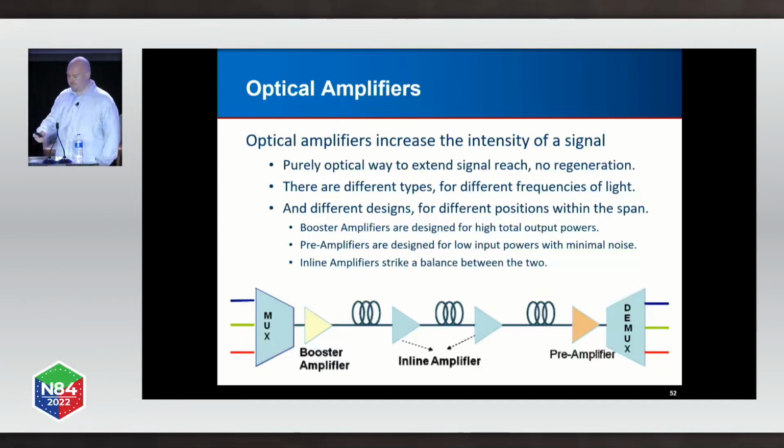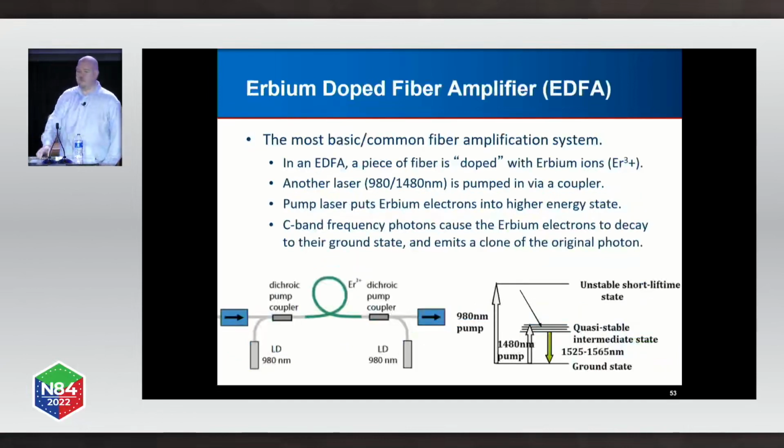So the way that this works, the most common kind of amplification that's out there is what's called an EDFA, erbium doped fiber amplifier. So the way this works, you have a little piece of fiber, and it's not very big. It can be 10 meters, something like that. And in this little piece of fiber, they dope. So in the manufacturing process, they have snuck in a couple of little erbium atoms, and it's very, very few, but they're in the glass.